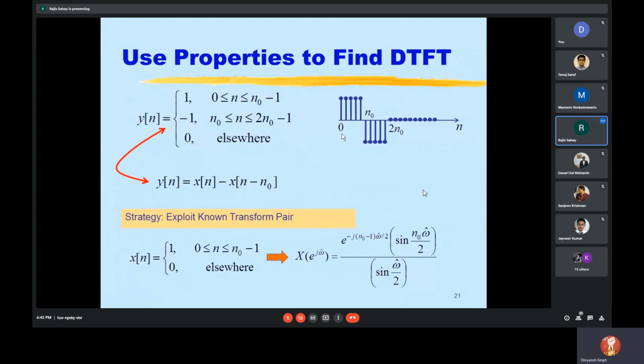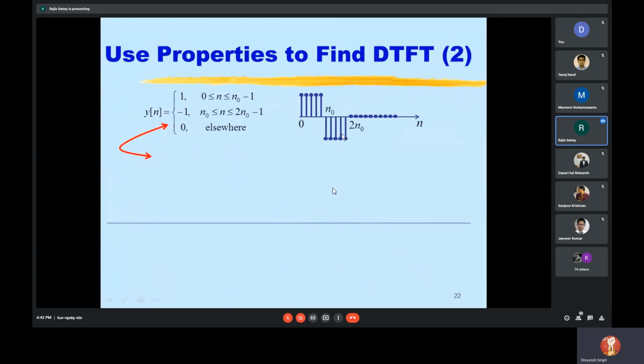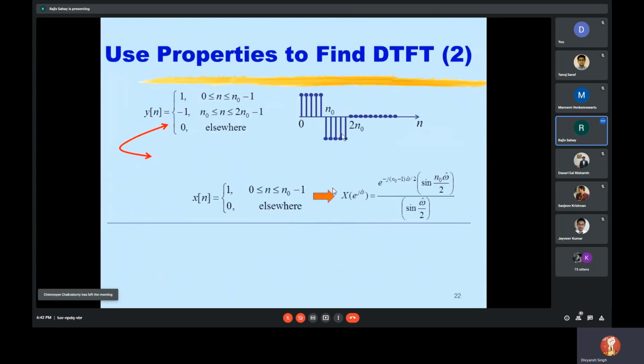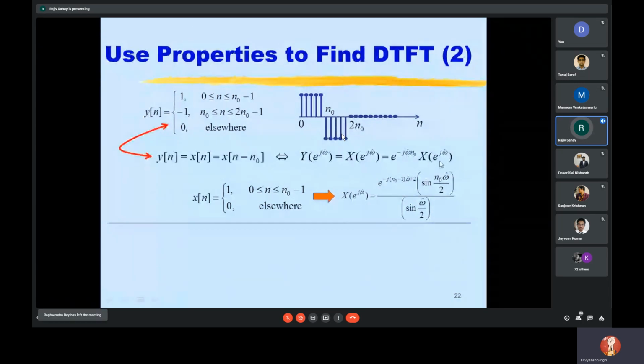Okay, is this fine? So the DTFT of the signal y of n, Y of omega, can be obtained as X of e to the power j omega minus e to the power minus j omega n naught times X of e to the power j omega. You will have an extra term here. So Y of e to the power j omega is equal to X of e to the power j omega minus e to the power minus j omega n naught X of e to the power j omega.